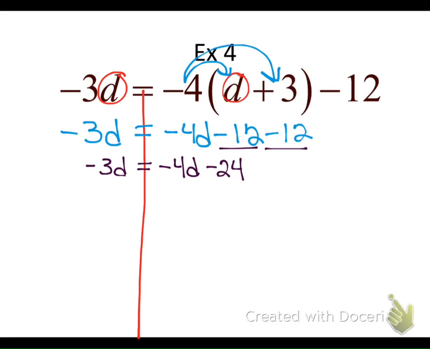So how do I get rid of that -4? Plus 4D. Cancels. So on my left side, what's -3D plus 4D? So 1 what? 1 D. Now, because -3 plus 4.